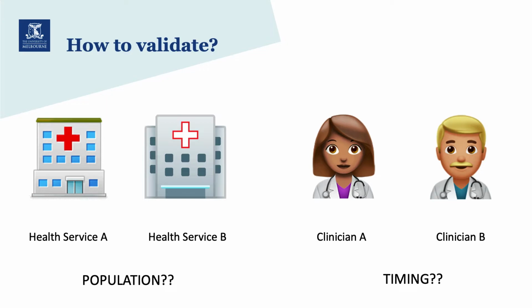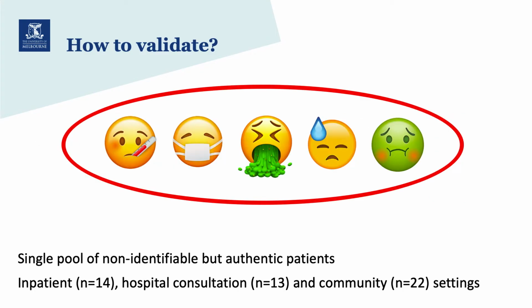This is what we learnt on reflecting in our literature review, what other researchers had difficulty with in the past. So what I did was to gather a single pool of non-identifiable but authentic patients. I gathered consecutive real life referrals from a community service and an inpatient service, and wrote them into short paragraphs of information that I then de-identified.